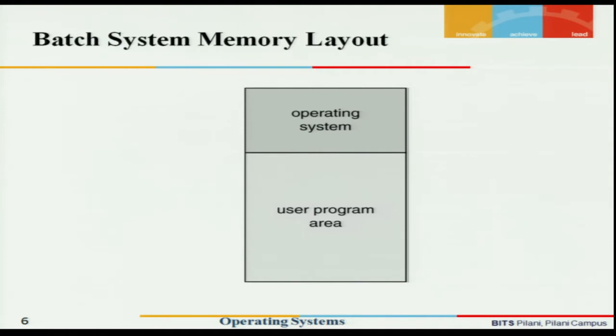So we have an area which is reserved for the operating system, and then the specific user program is going to be loaded in some area. So the entire memory can be partitioned into two simple areas: operating system area and user program area.